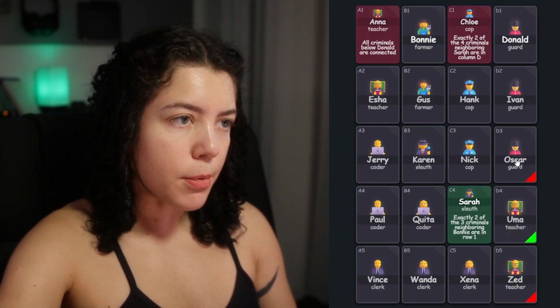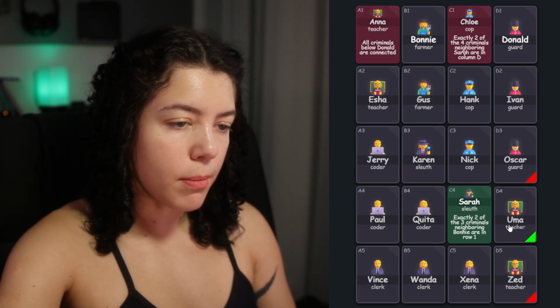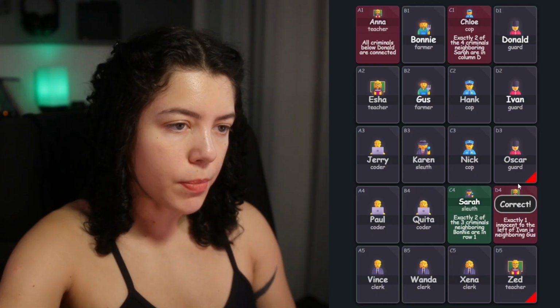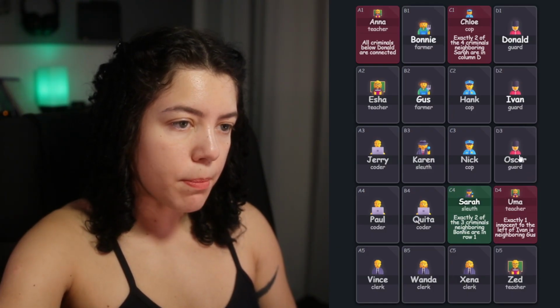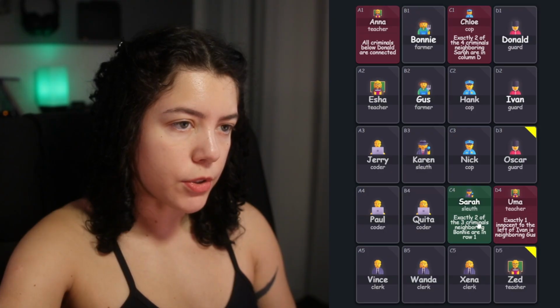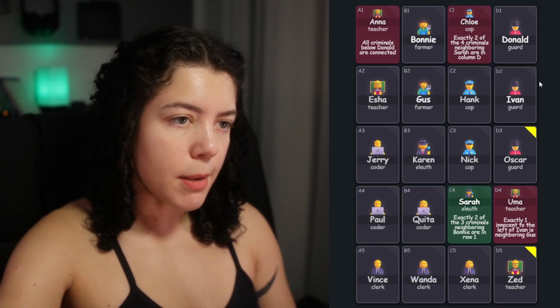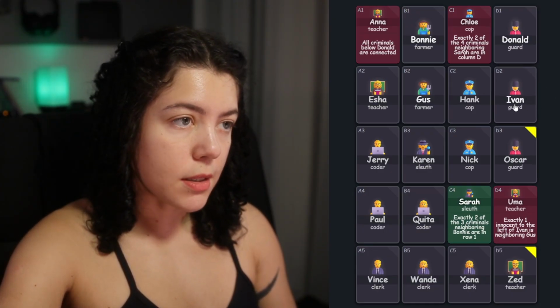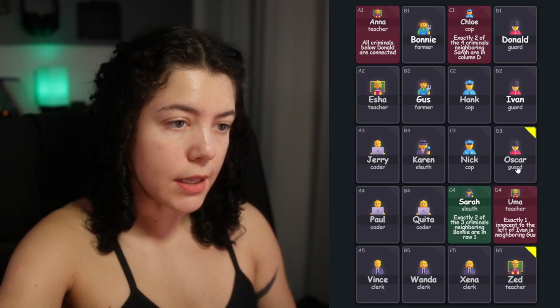But they would be separated, and Anna says that they are connected. So Uma couldn't be an innocent. She has to be a criminal. And one of the people connected to her is going to be the second and last criminal to neighbor Sarah. If it is Oscar, it may be that Ivan is also a criminal because he is in column D and is connected to Oscar.